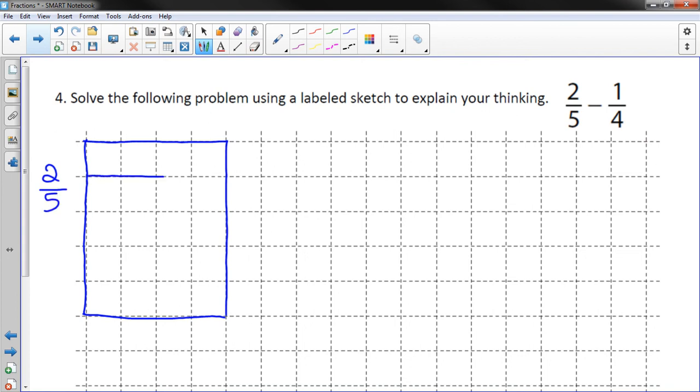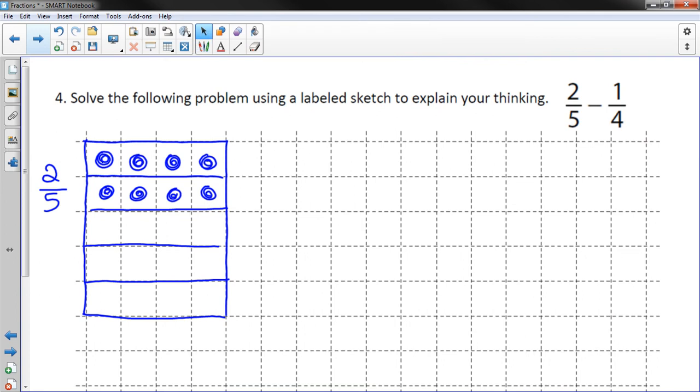So I need it in fifths. And I need 2 of those 5 sections colored in, shaded in. And what 2/5 means is 8/20. That's an equivalent fraction.